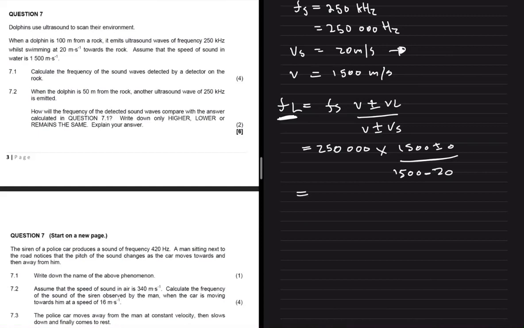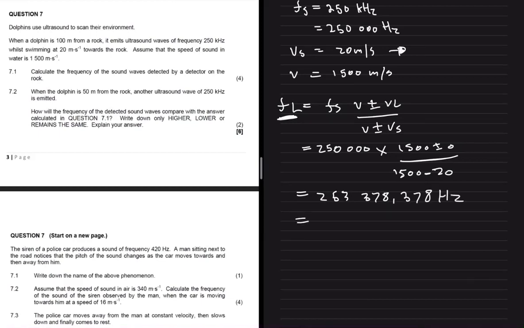Now it's just a matter of putting that into your calculator: 250,000 multiplied by 1,500 divided by 1,480, and that gives us 253,378.3784 hertz.